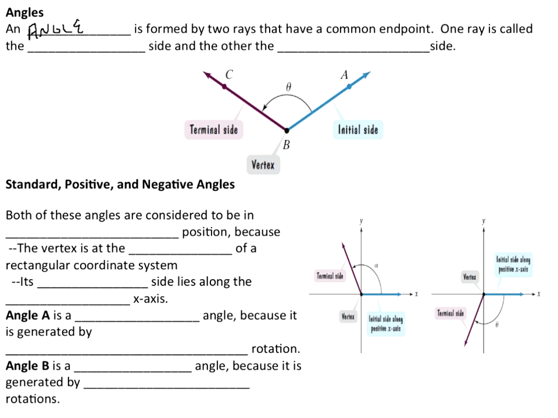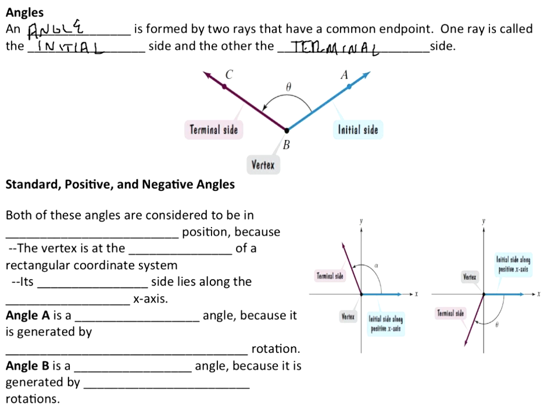So an angle is formed by two rays that have that common endpoint. You can see the picture there. One ray is called the initial side, which is exactly what you would expect it to be. It's the one you start on. And the other is called the terminal side. Terminal just means it ends here.